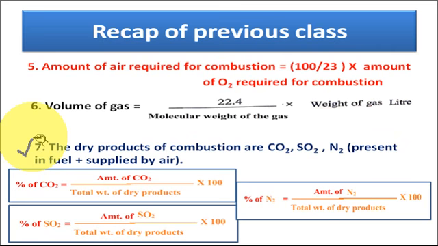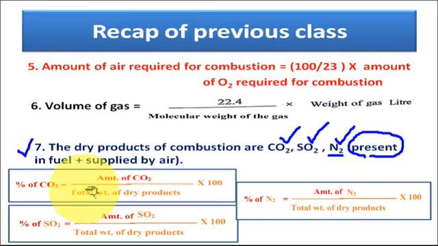In the last class, we learned that the dry products of combustion are carbon dioxide, sulfur dioxide and nitrogen. This nitrogen is released in the dry products from the air which is supplied, and some amount of nitrogen may also be present in the fuel.